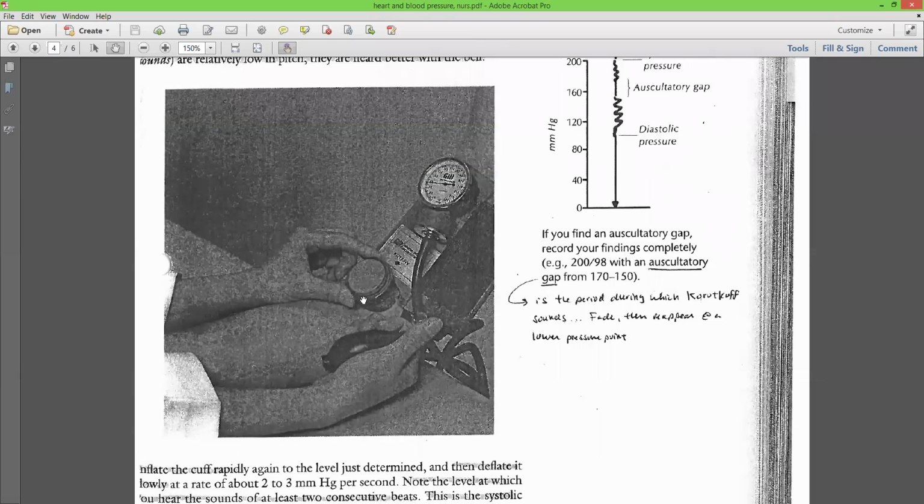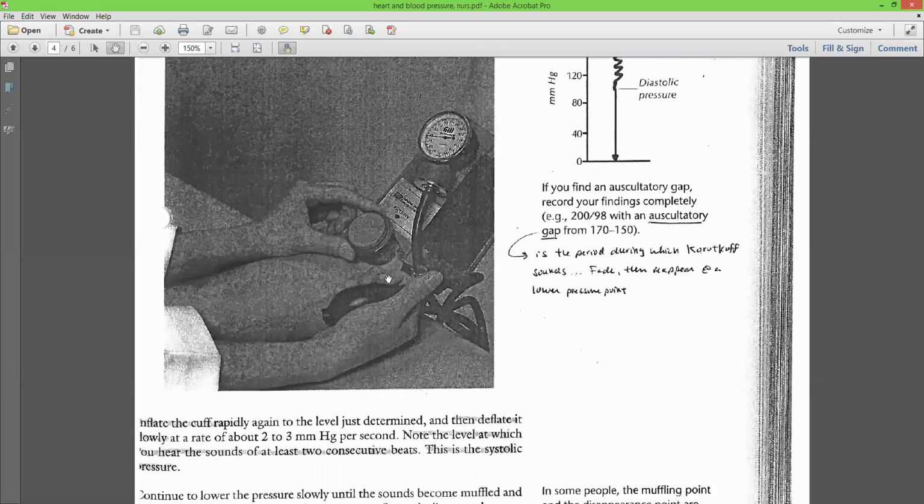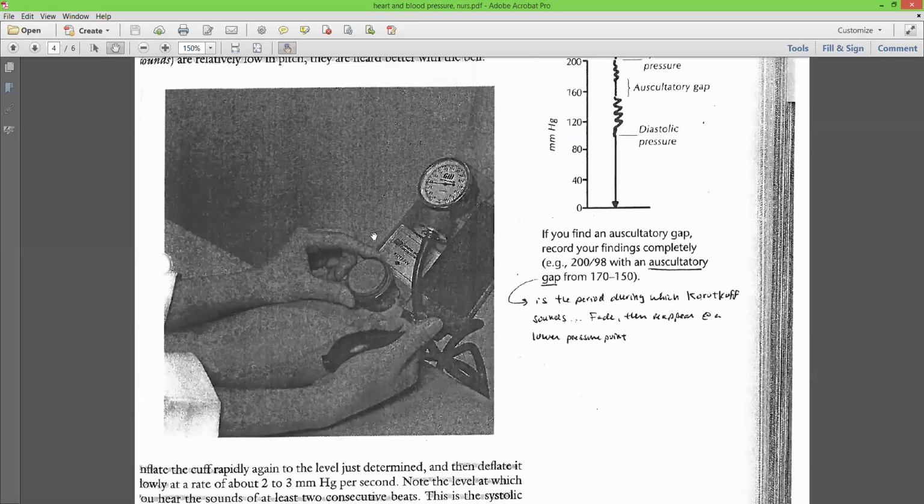Then you pump it up by squeezing the bulb, increasing the pressure to the arm, more specifically the brachial artery. They have the stethoscope here that they're going to place over the brachial artery, and you're going to be watching your meter there.